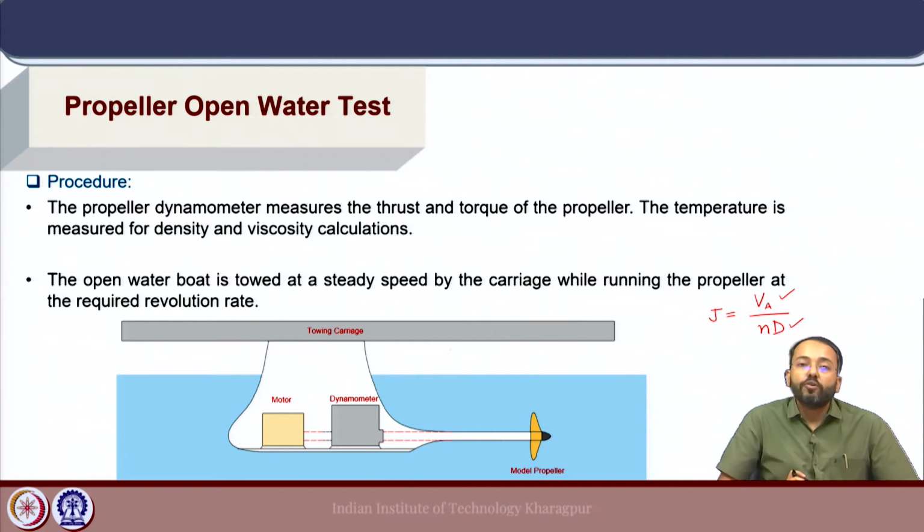So, in a standard open water test, we have the towing carriage which is towing the model propeller at a specific forward speed, and the RPM of the propeller is kept at a suitable value as per the requirement of the range of advance ratios.